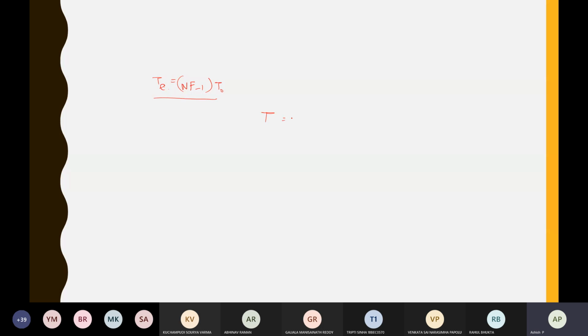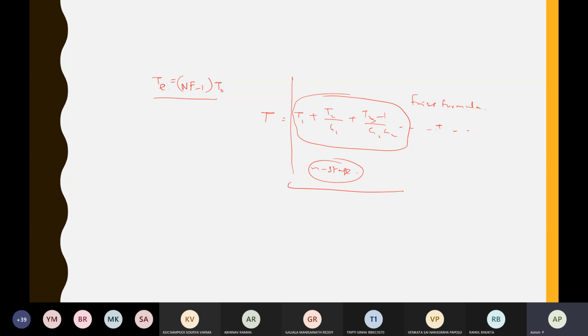Then the overall equivalent temperature of all the stages is like T1 plus T2 by G1 plus T3 minus 1 by G1 G2, something like this. That is called the Friis formula. So for an n-staged two-port network, what is the overall equivalent noise of all these stages?